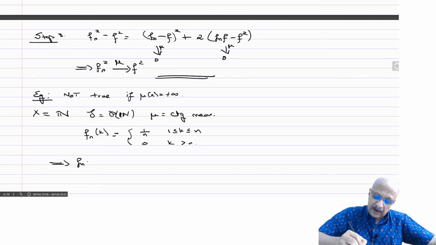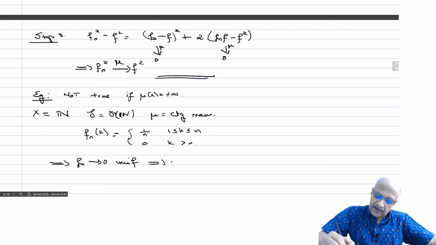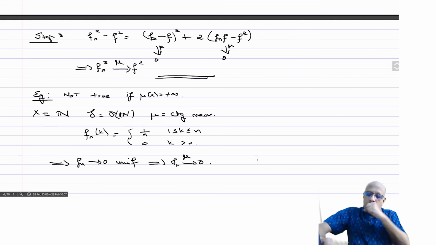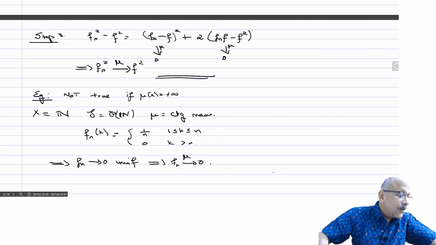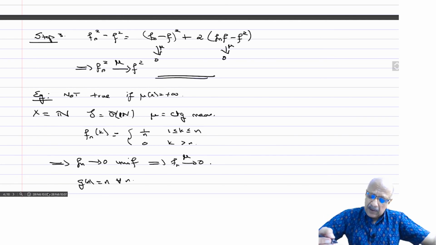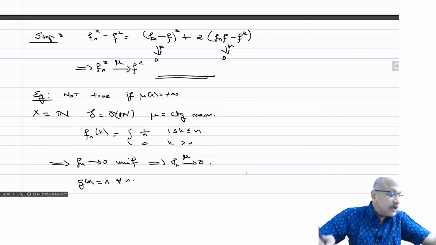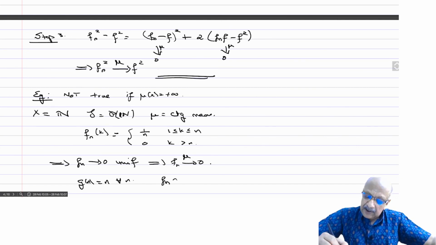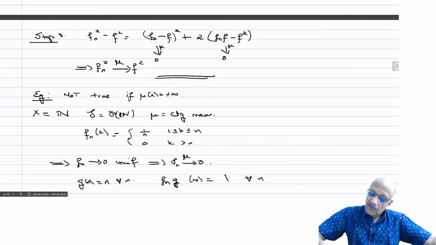Then this implies that f_n goes to 0 uniformly, which implies f_n goes to 0 in measure. We have seen that. Now you take g_n equal to n for all n, so g_n is a fixed sequence, you don't even need the sequence. Now f_n g_n(n) equals 1 at n.